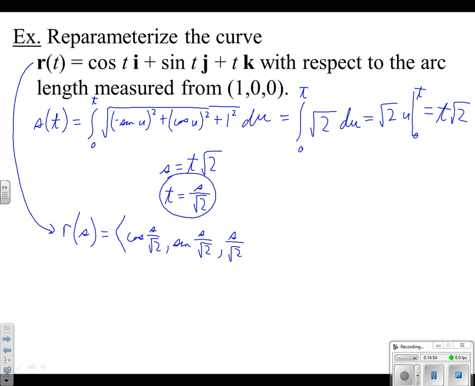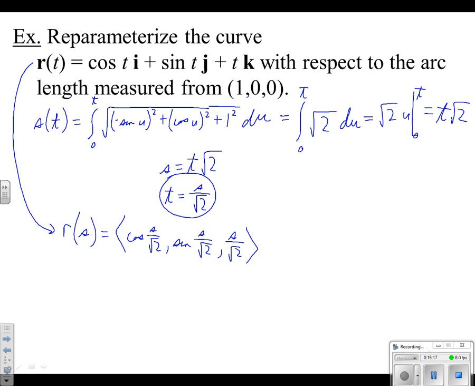We haven't really talked about why we want to do this. But the short answer is this. This reparameterization is nice because we said that reparameterizing changes the amount of time it takes us to travel along one portion of the curve.